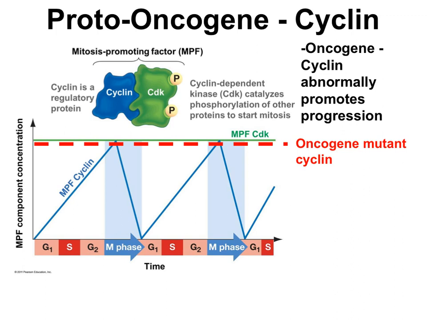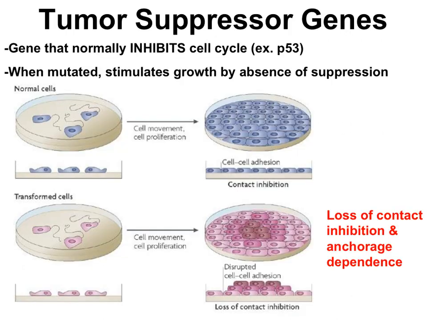Imagine, though, if there was a mutation that caused MPF cyclin to be around all the time. Now, MPF cyclin would be considered an oncogene. It would activate CDK all the time, and the cell could pass through the checkpoint even if it's not supposed to.